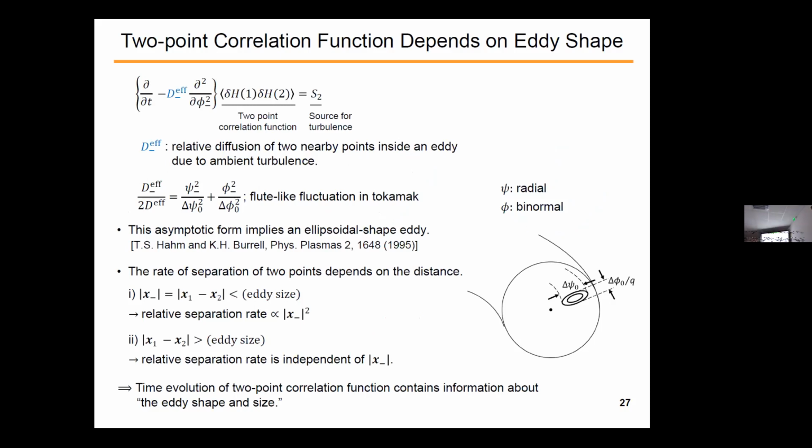This is doing this calculation in an E cross B symmetric tokamak, and we put some eddy of turbulence characterized by their size in radial and poloidal directions, and the effect of ambient drift wave turbulence is characterized by relative diffusion going like this.